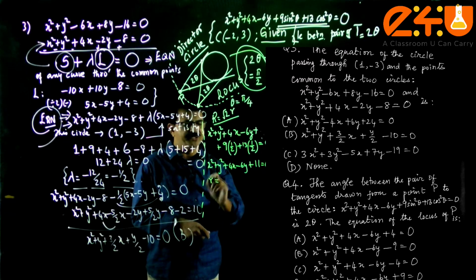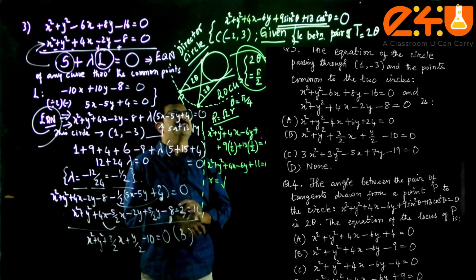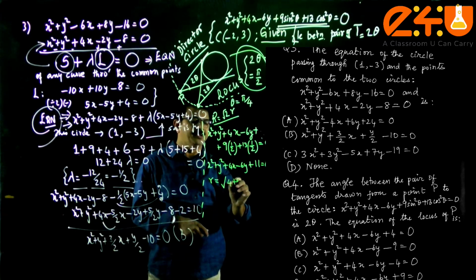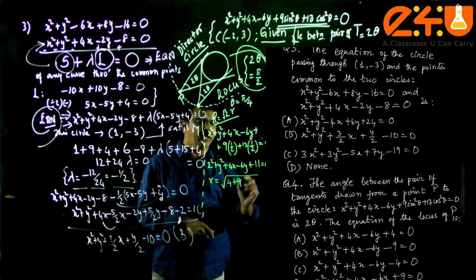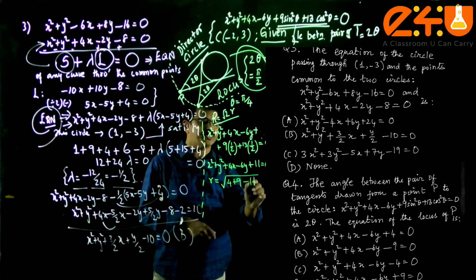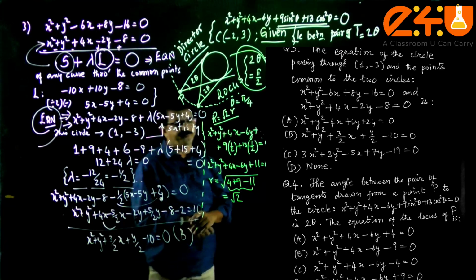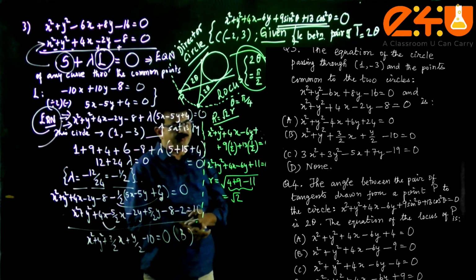So what is the radius of this circle? The center is minus 2 comma 3. So minus 2 squared, 3 squared, and subtract the constant. So we get 13 minus 11.